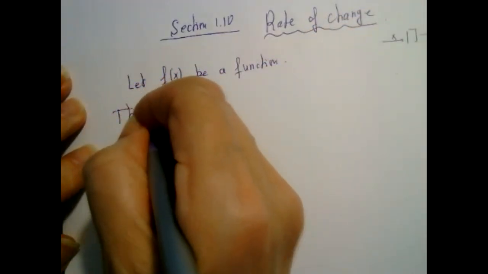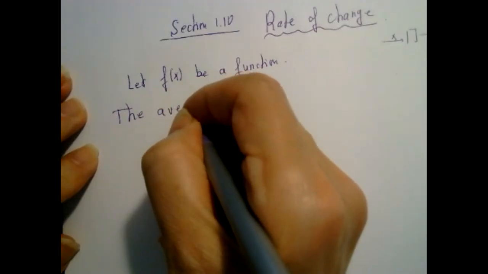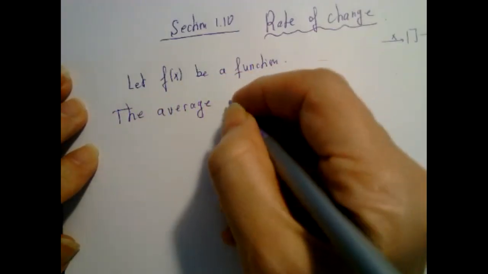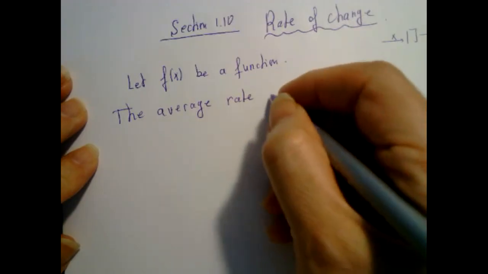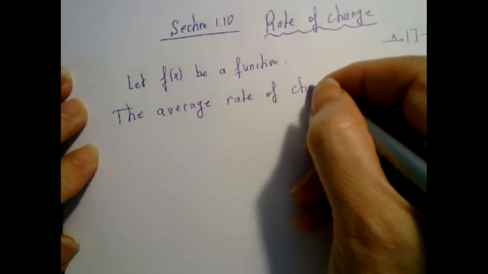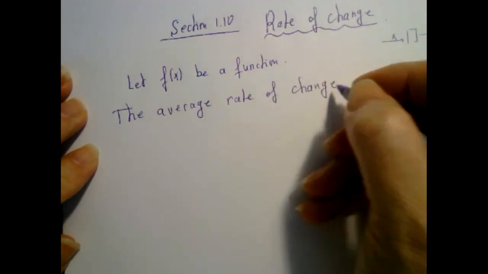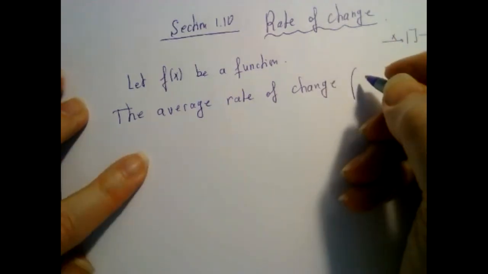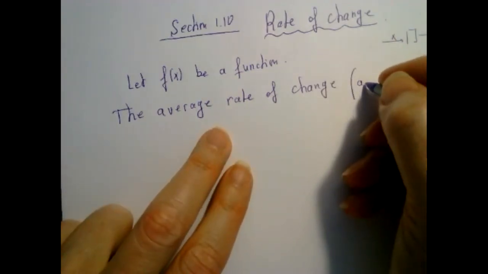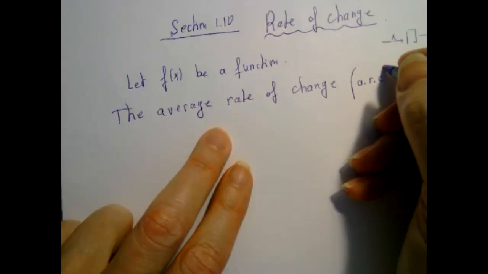Then the average rate of change, which a lot of times we will abbreviate, is usually abbreviated as average rate of change.